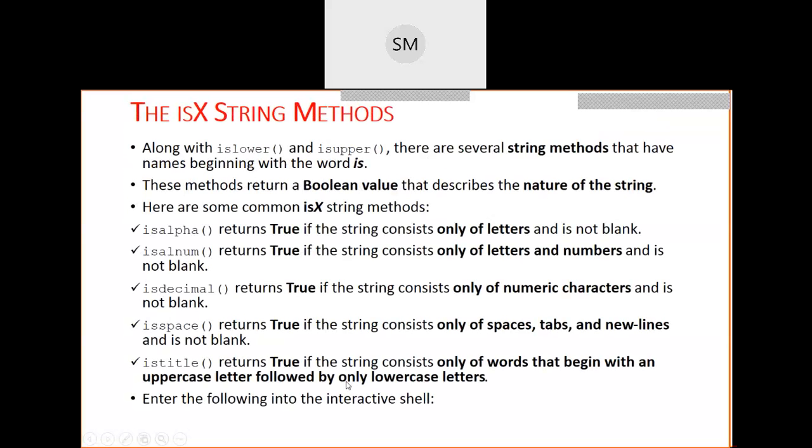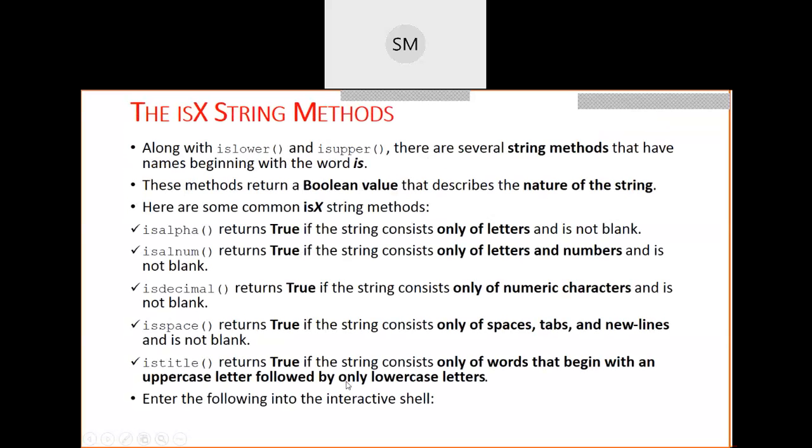In the place of x we can write upper or lower, that is is upper, is lower. In addition to these, there are another few string methods: is alphanumeric, is decimal, is space, is title.